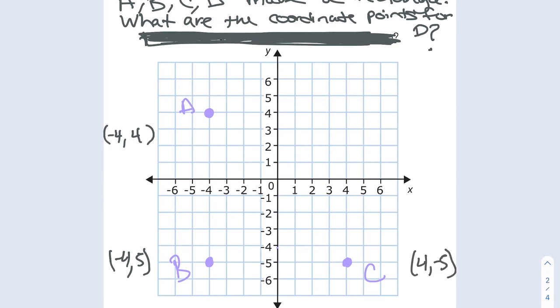And D, if I wanted to make all of these points connect to make a rectangle, I would be right here, which would be positive 4, positive 4, which, if you guys can see, is a direct reflection of point A across the y-axis. So that would be point D.